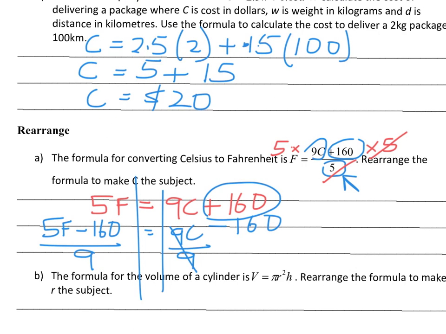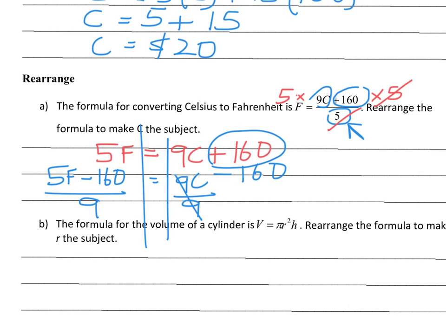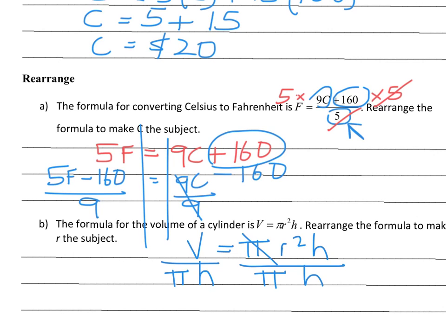And the last one, we've got to rearrange this formula. And we want to make R the subject. So I've got to get rid of pi and get rid of h to start with. R squared is times by pi and by h. So if I divide that side by pi and by h, and divide this side by pi and h, okay, I've done the same thing on both sides, I can then cancel my pi's and cancel my h's.